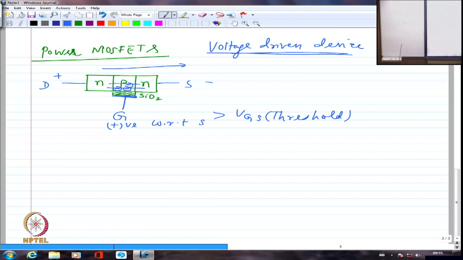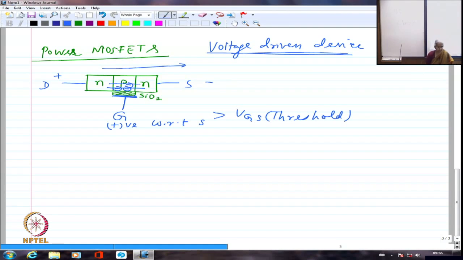In BJT I require a large current, whereas in MOSFET I require only a small positive voltage. So the gate driver circuit design is very simple in MOSFET. So we are normally seeing in MOSFET the turn on and turn off happens because of the capacitive property of the junction there. So it actually happens much faster even than BJT normally.